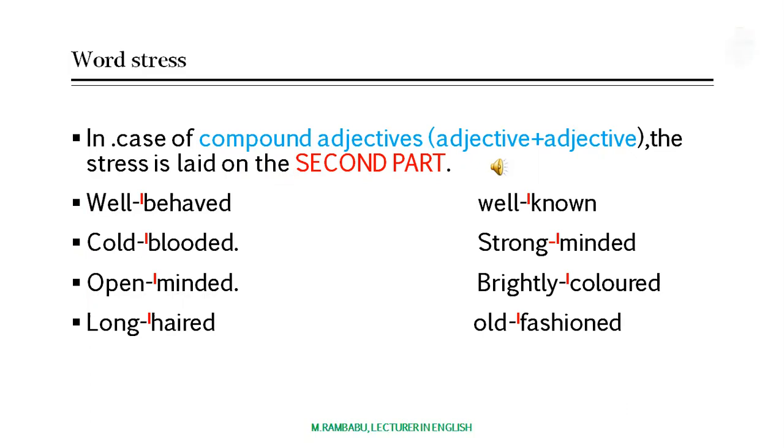For example, well-behaved, cold-blooded, open-minded, long-haired, well-known, strong-minded, brightly colored, old-fashioned. These are all compound adjectives. In case of compound adjectives, we use stress marking on the second syllable.